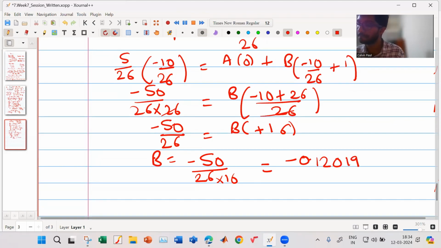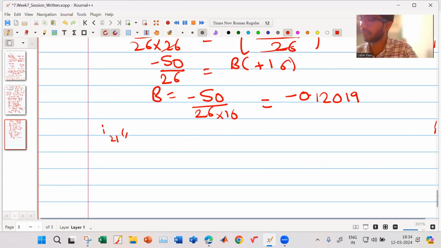Will the minus sign be there? Yes, minus will be minus only, right?